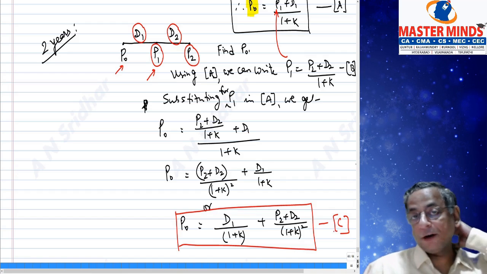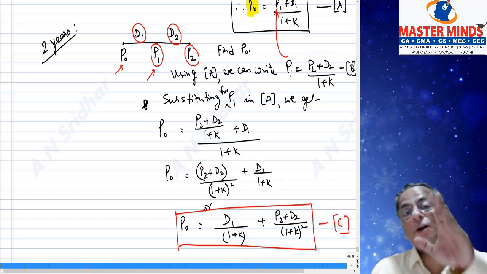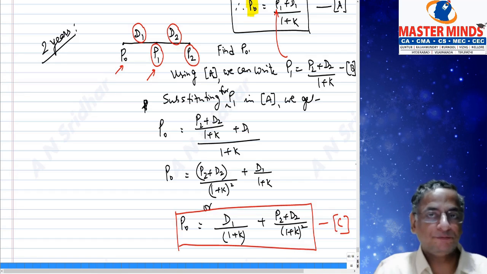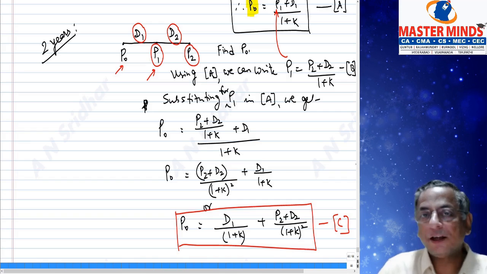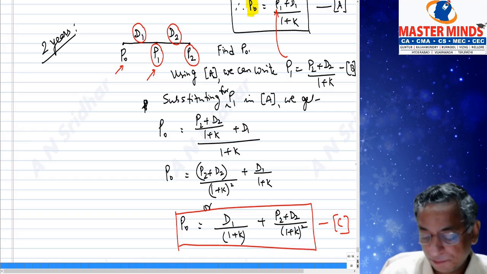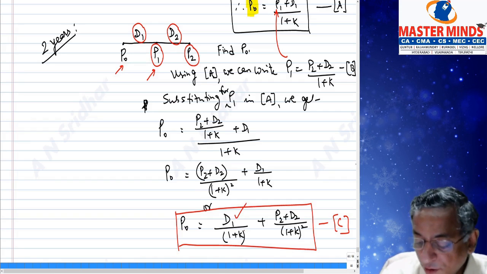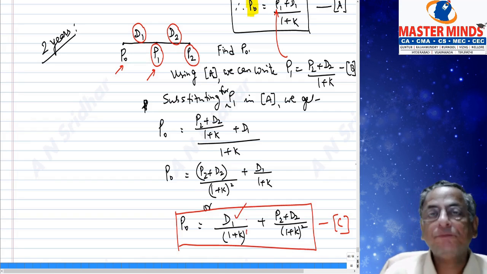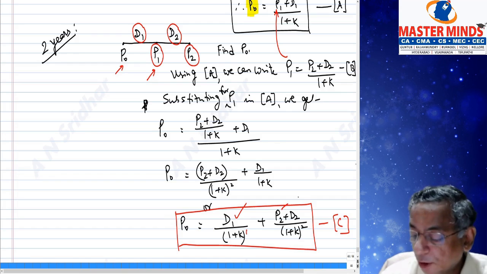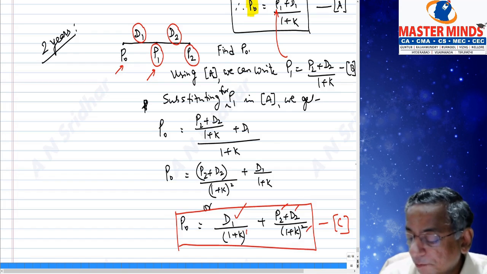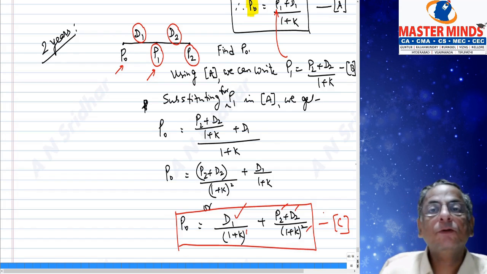Now just see what we have done. We have calculated P0 in terms of P2 now. There is no P1. When we get D1, we get it at the end of 1 year, so we have discounted once. We get D2 and P2 at the end of 2 years, therefore we have discounted twice.